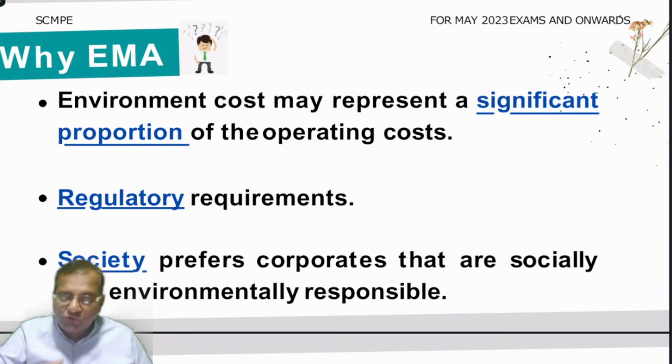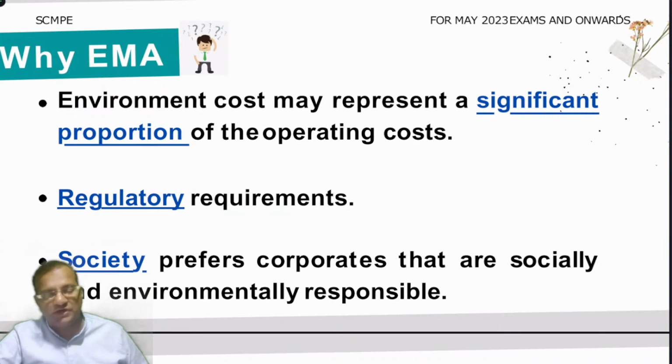So first of all, you have to identify, and definitely out of the operating cost incurred in the organization, it is very, very easy to consider 8 to 10% of the total operating cost belongs to the environmental cost. What will be covered in environmental cost, we will study later on.